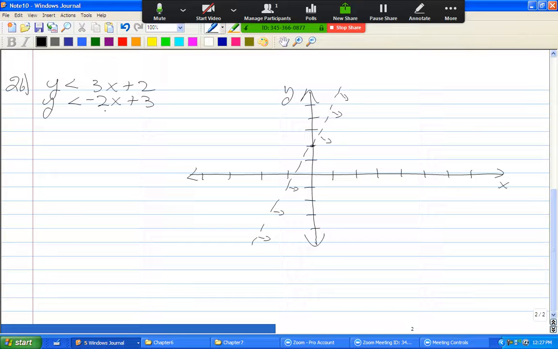Okay, for the second line, the y-intercept is 3, the slope is negative 2, and so again it's a dashed boundary line because the inequality here is less than, so it's true below. So again, it's true in this direction.